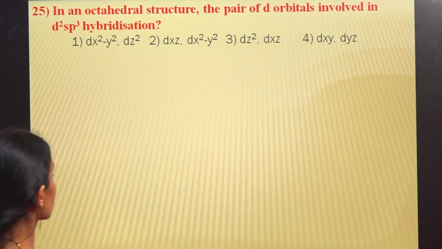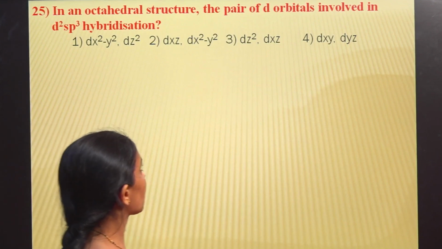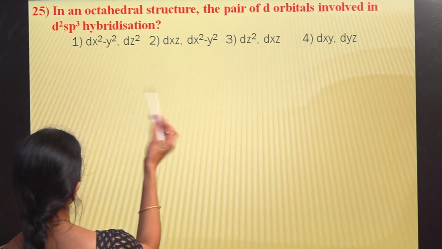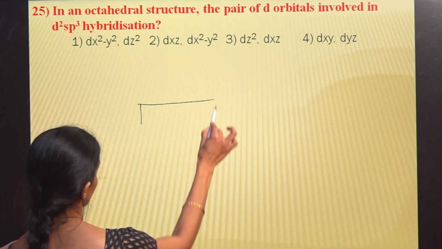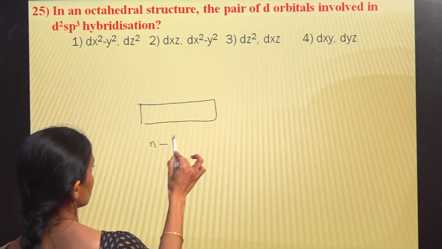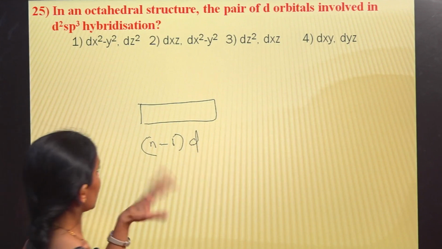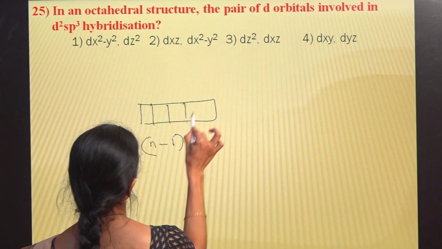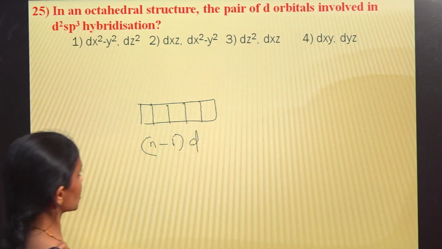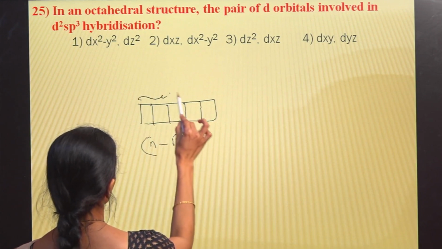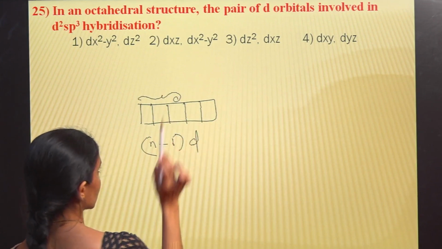Next question, in an octahedral structure, the pair of d orbitals involved in D2sp3 hybridization. See, when D2sp3 hybridization takes place, n minus 1 d orbitals will be involved in bonding. Actually, there are 5 such orbitals. 3 of them will be having electrons.